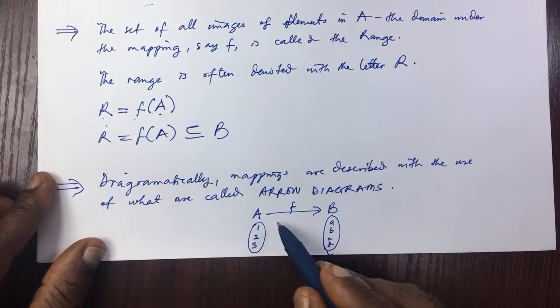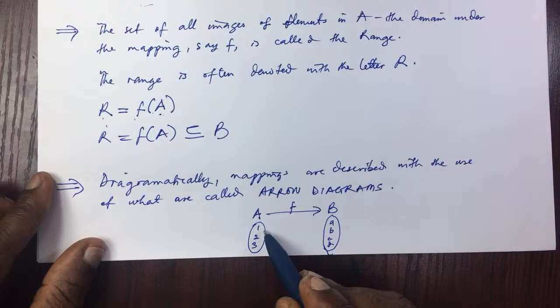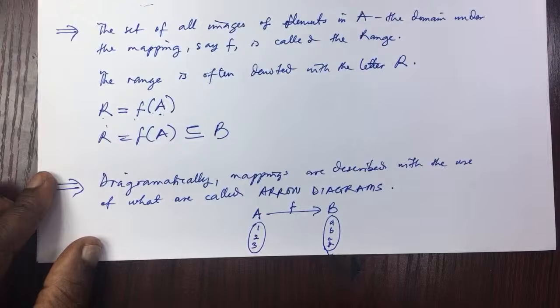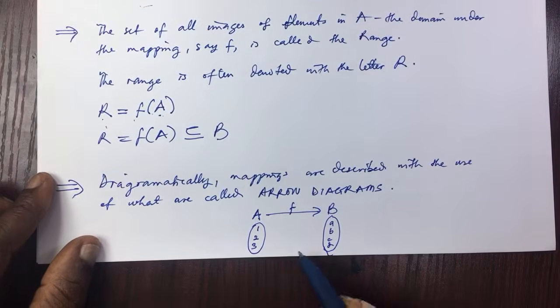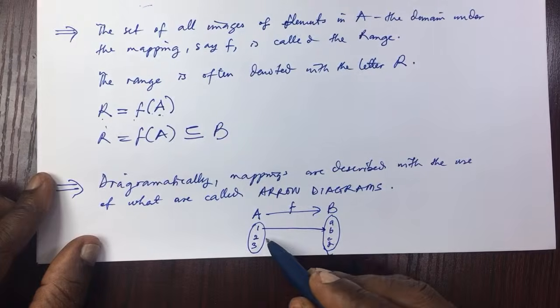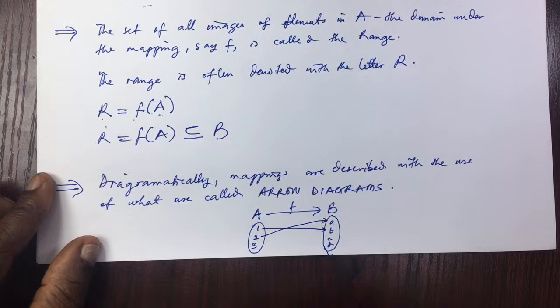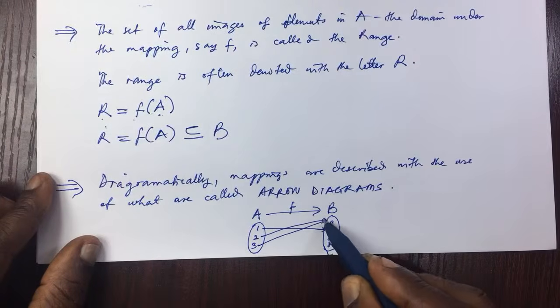Now, I could draw arrows pairing the elements in A with elements in B. So I could have a thing like this where I pair 1 with b. I could pair 2 with a. I could also pair 3 with a.